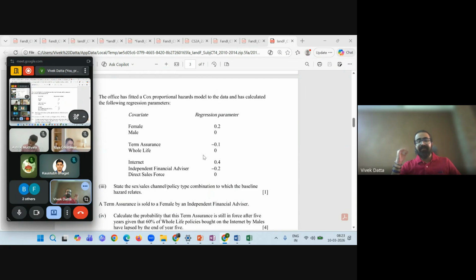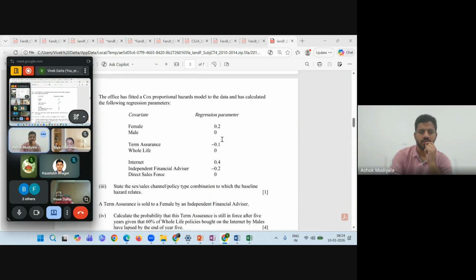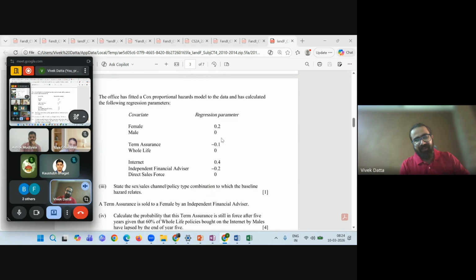Okay. Then here, what does this mean? What does female 0.2 mean? Is this zeta? What is this? Beta. These are final values of your combination, which means that these are values of the beta.